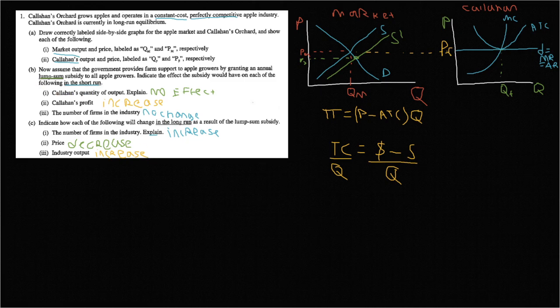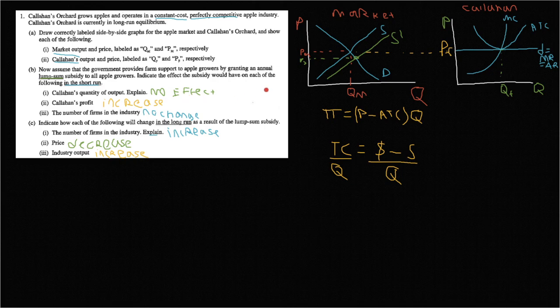And so I'm going to quickly go back over some of the weird questions. Part A is relatively simple. Just draw your graphs. The quantity of output, I think that one would probably be a bit confusing if you didn't know the concept of a lump sum subsidy.